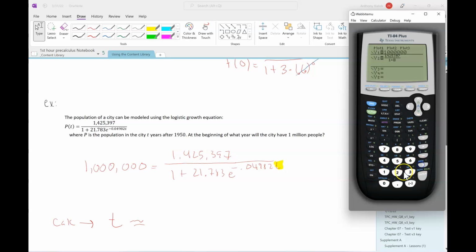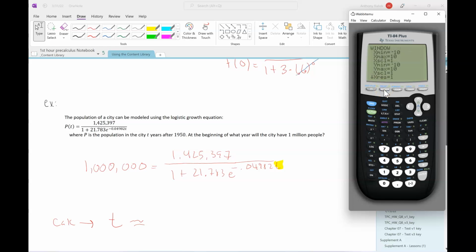And the denominator, I have 1 plus 21.783 times E. Remember how to get the E button on your calculator? You press second and then the LN button here on the left side, which gets you that E with the exponent on it. And our exponent is negative 0.04982 times T. I'm going to put X there because that's the variable button on our calculator.